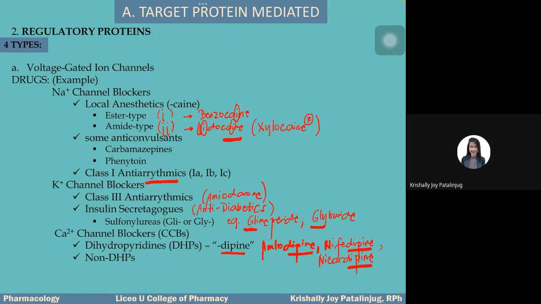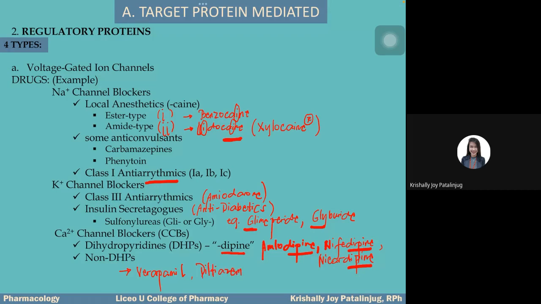They target voltage-gated ion channel. And then we have non-dihydropyridine, still a CCB, a calcium channel blocker. There are two main examples here, verapamil and diltiazem.